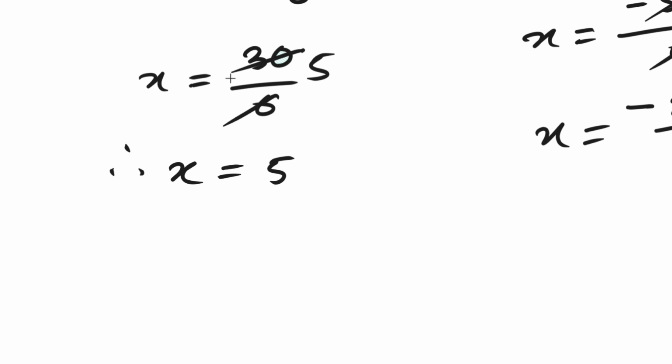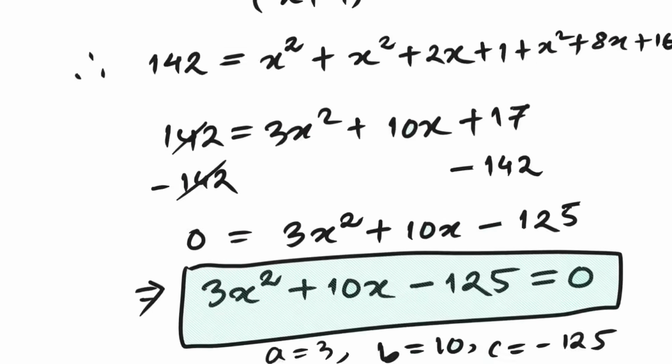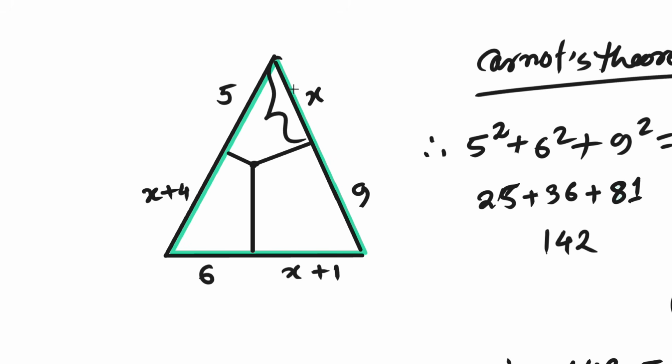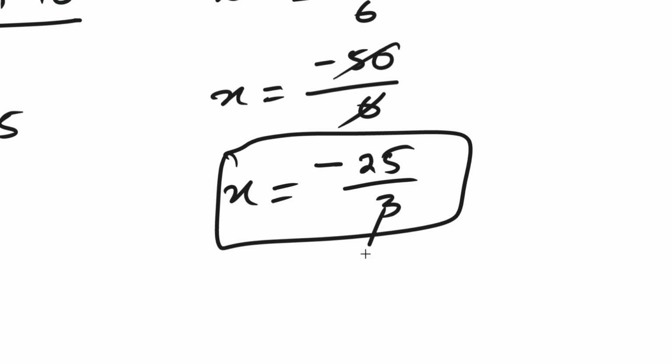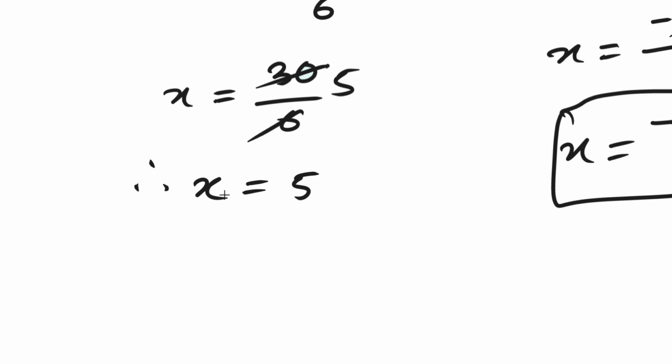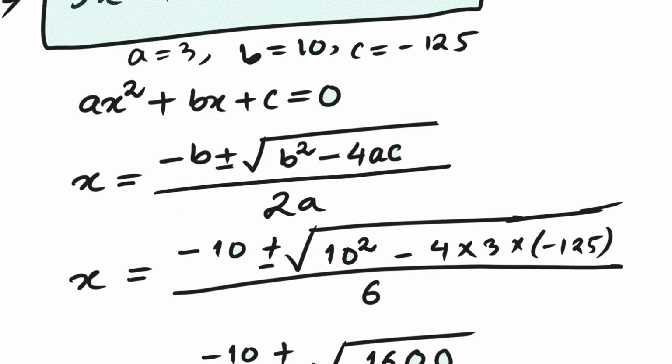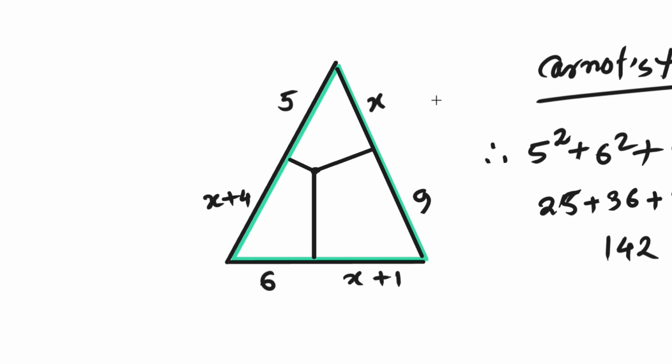Now, we have to make an important geometry observation. X represents a length, and a physical length cannot be negative. Therefore, we reject negative 25 over 3 and keep the positive solution. So, we have x equals 5.